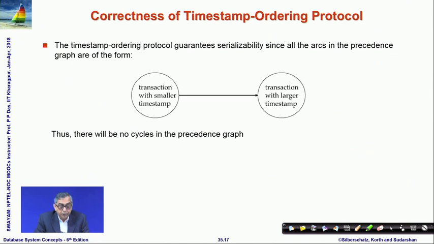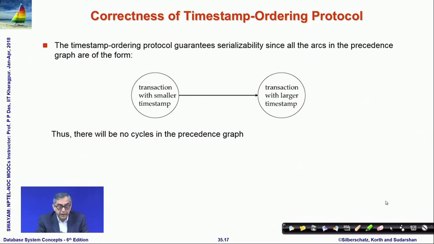The timestamp ordering protocol itself guarantees the serializability. So, the transaction with a smaller timestamp will lead to the transaction with a larger timestamp, because those are the more recent transactions. Since the ordering is always in this manner, there cannot be any cycle in this precedence graph, because if there were a cycle, then somewhere you would be coming from a newer to an older transaction, which is not allowed in this protocol.